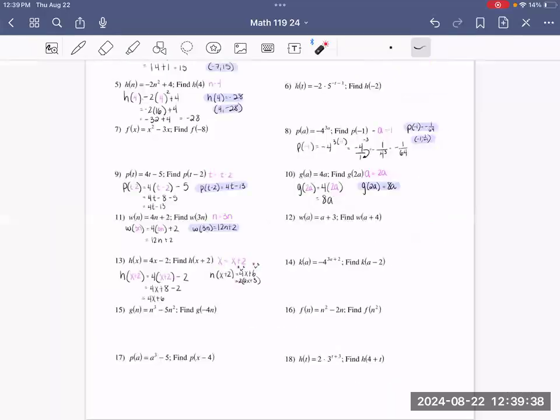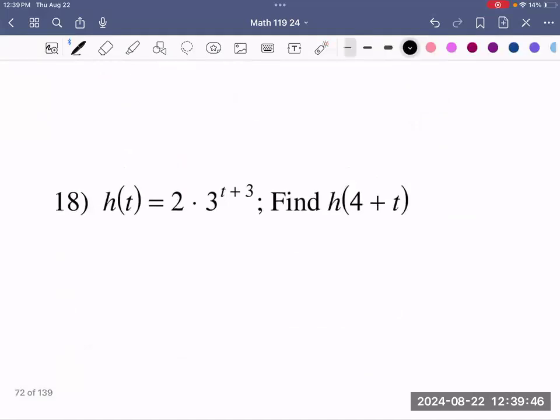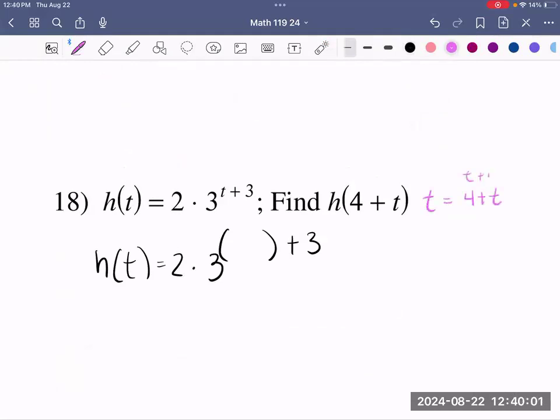Let's have you try it with 18. So you have h of t is equal to 2 times 3 to the power of t plus 3. This is when t is equal to 4 plus t, or t plus 4. It doesn't matter which one you prefer.